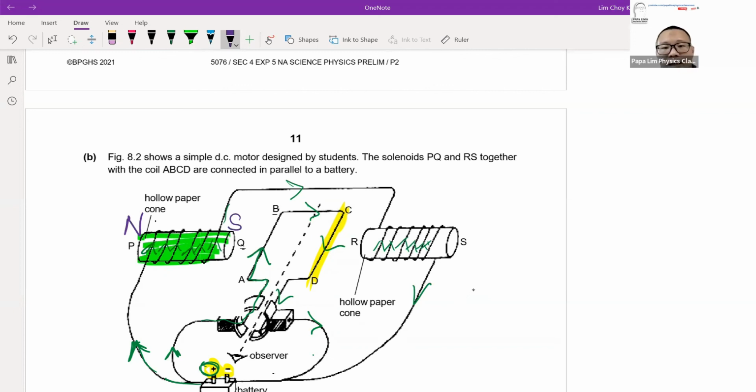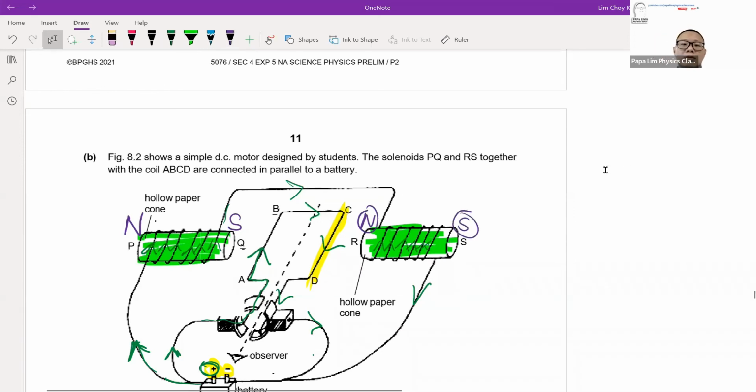Same thing for RS. When the current flows through, it becomes an electromagnet. If you look at the Maxwell right-hand grip rule, you'll find that this particular R will be the North Pole, S will be the South Pole.